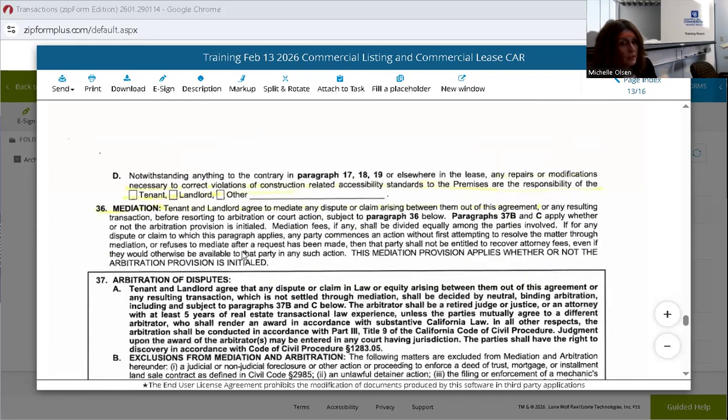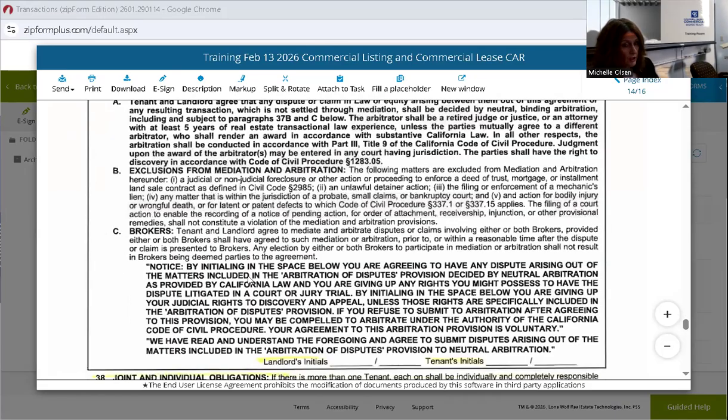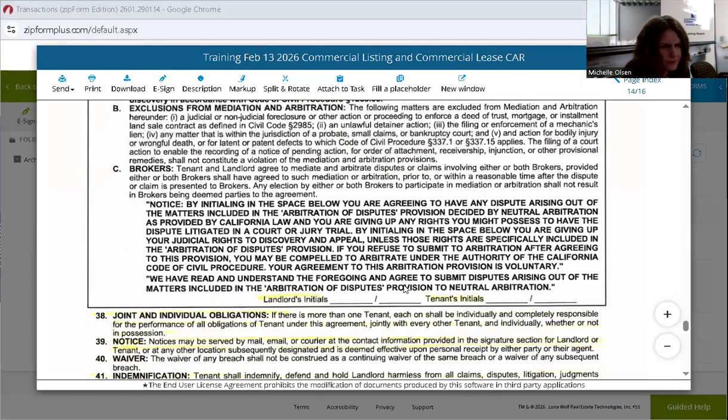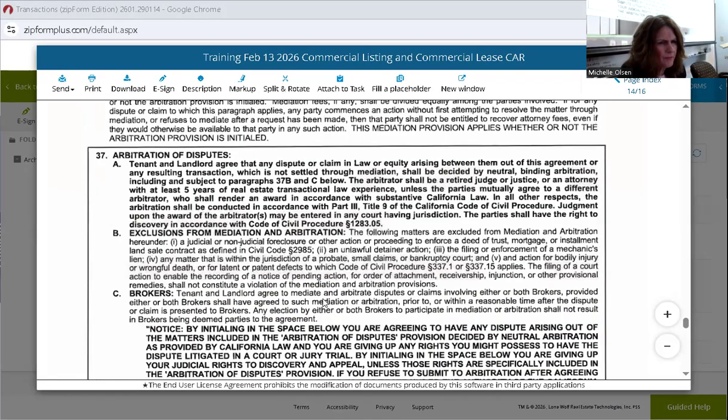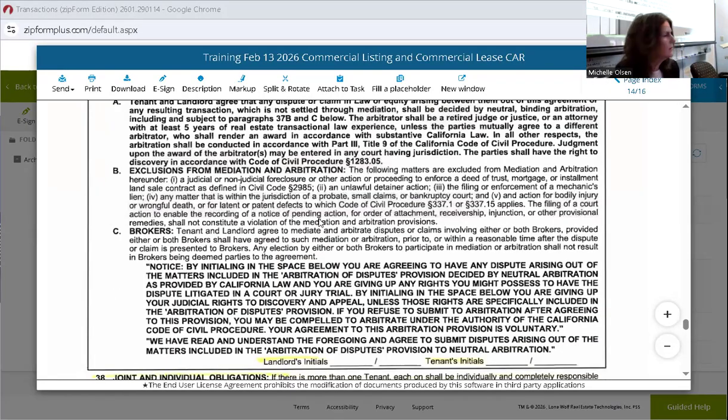So mediation, and then here's arbitration of disputes, in case the landlord and the tenant want to agree to arbitration, they would initial here to make that effective. Okay? Now I want to point out that the arbitration is not automatic. You don't have to agree to arbitration.